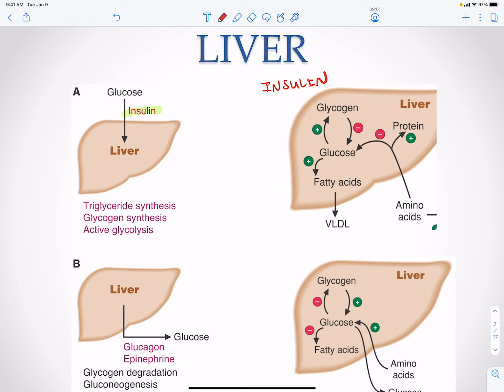Your liver is going to take in glucose, and glucose is going to become either glycogen for storage, or it's going to be packaged into fatty acids, and this is going to be packaged into very low density lipoproteins.